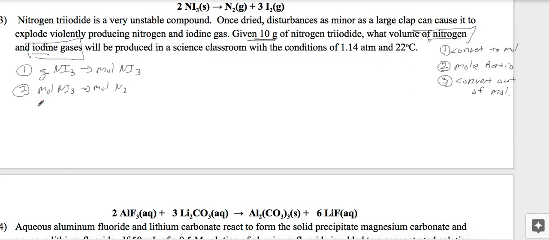And then we also have to do another problem, moles of nitrogen triiodide to moles of iodine. So we have 2 separate problems we have to do here. In step 3 though, we're just using the molar volume. Once we have moles of nitrogen, we can plug it in. Once we have moles of iodine, we can plug that in as well. So those are the 2 things we can do there. All right.